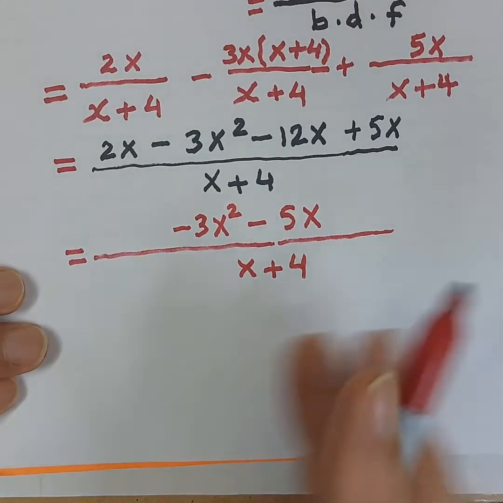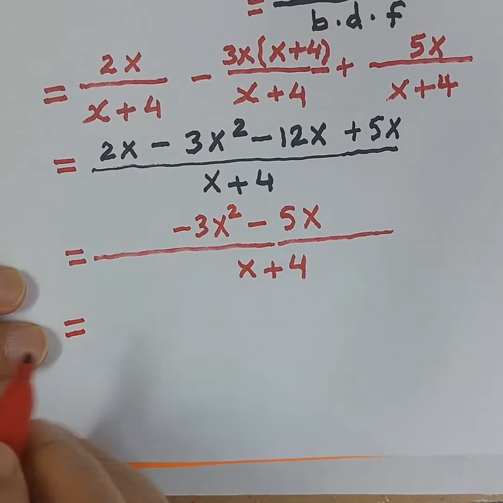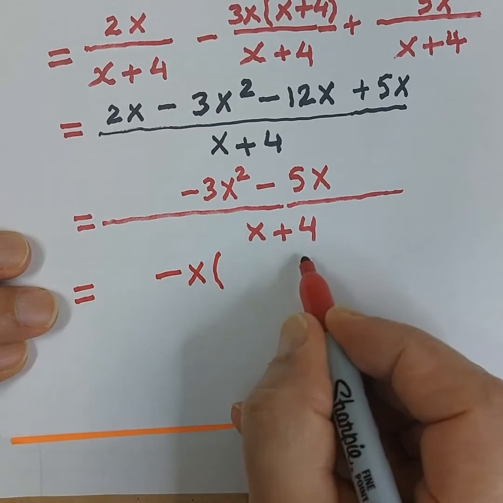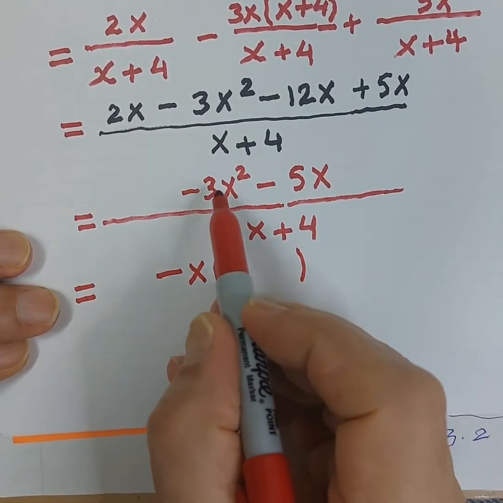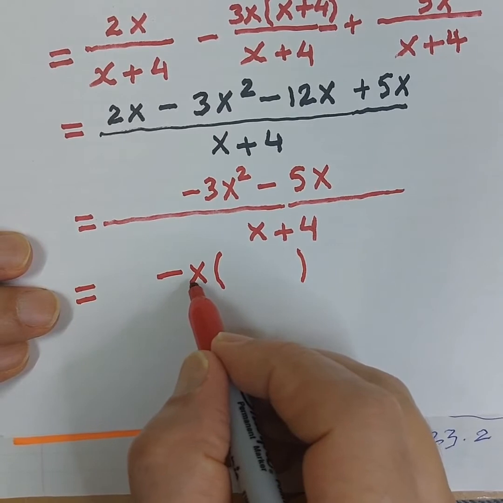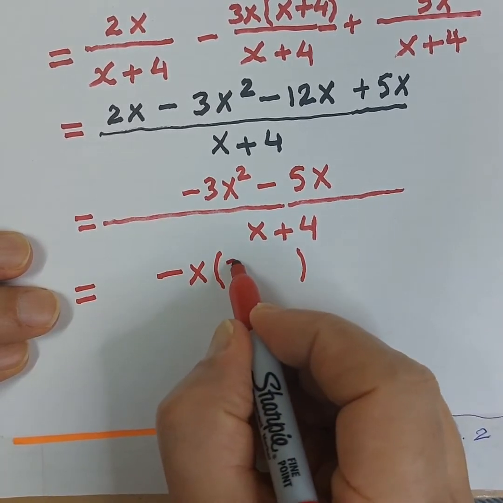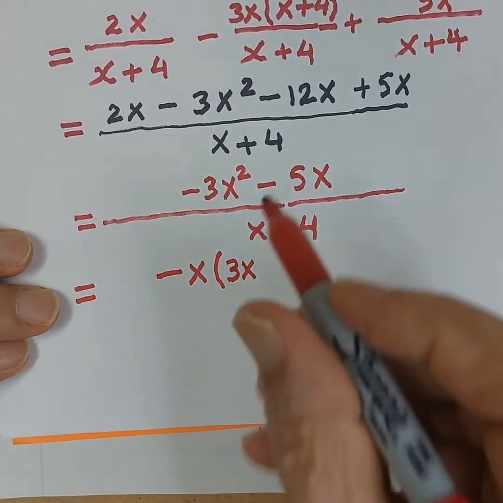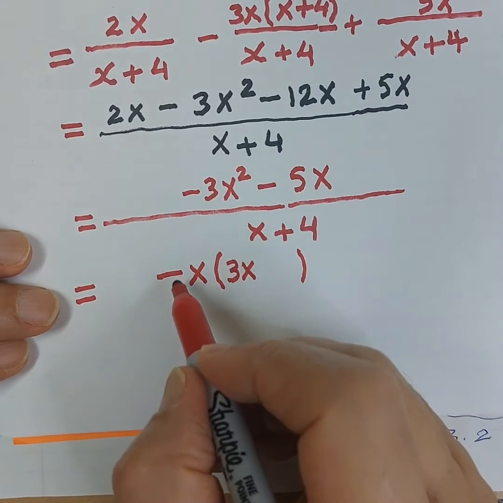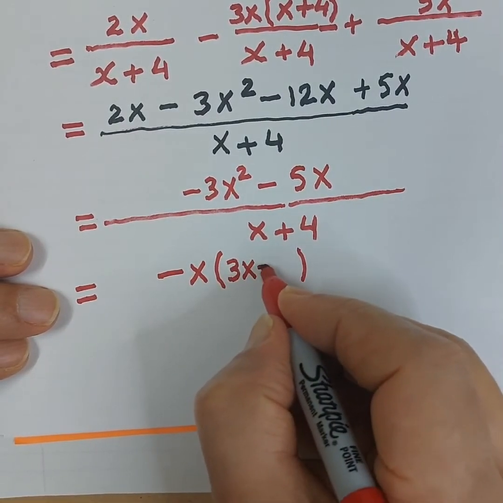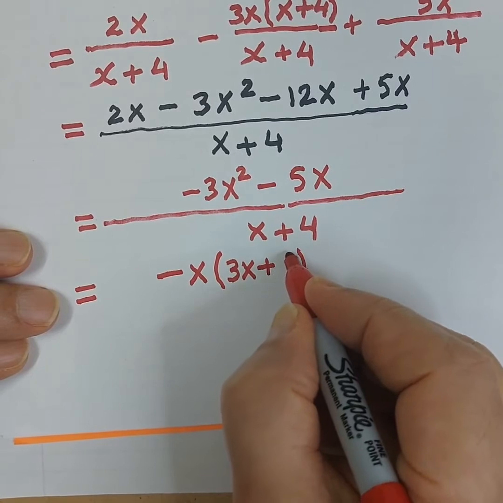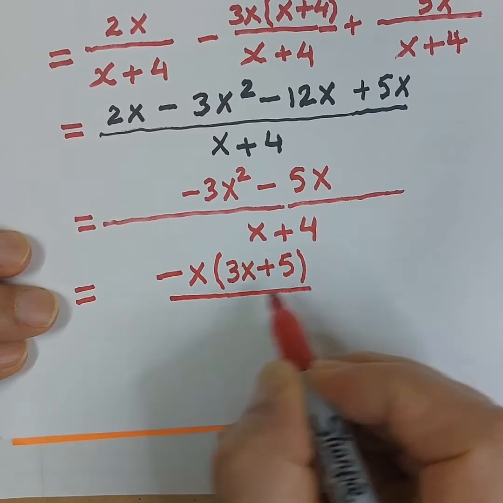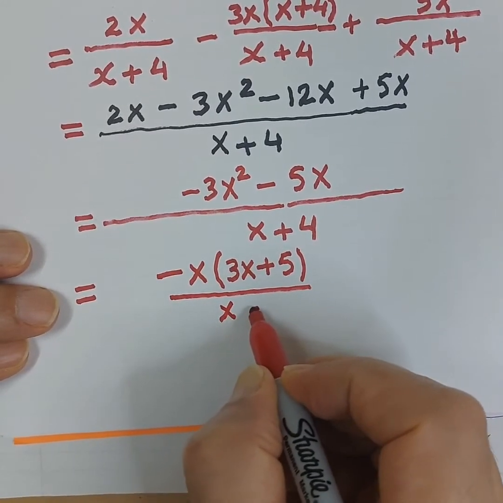So the simplest form is minus x, and inside the brackets: minus 3x squared divided by minus x will give me only 3x, and minus 5x over minus x will give me only plus 5, and the denominator is the same, x plus 4.